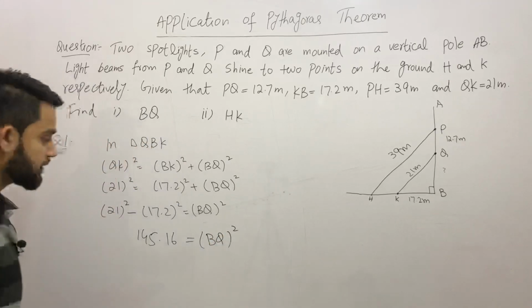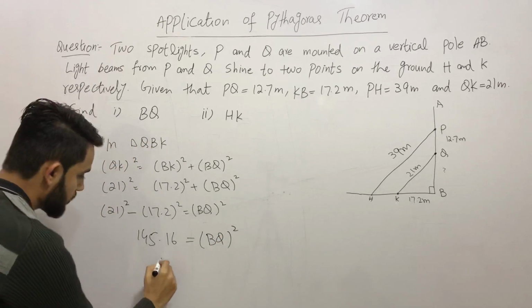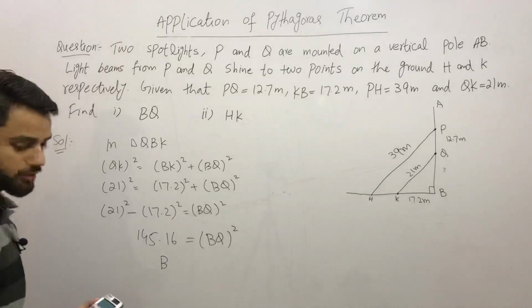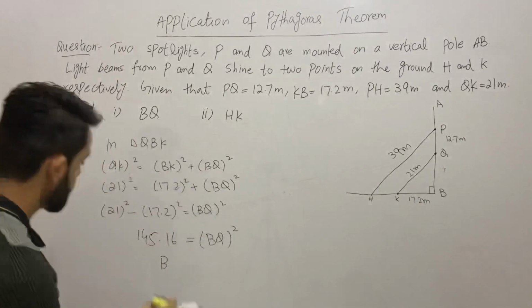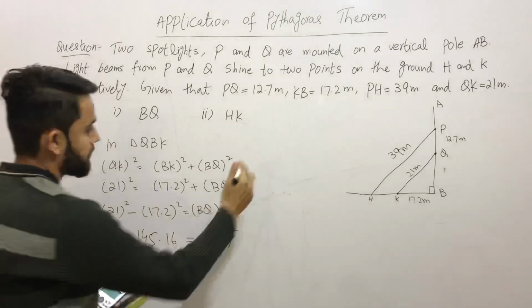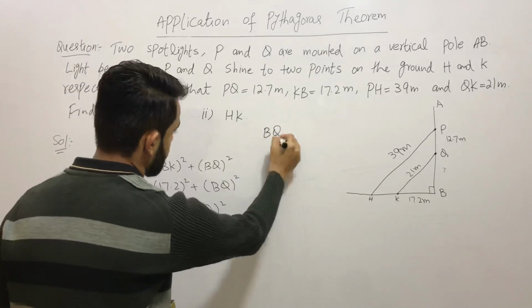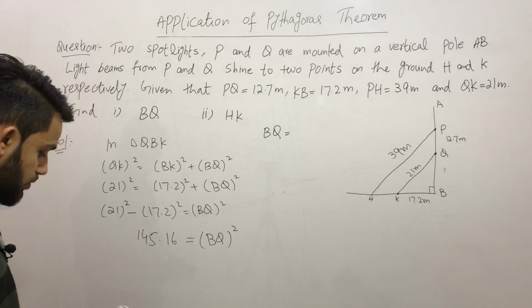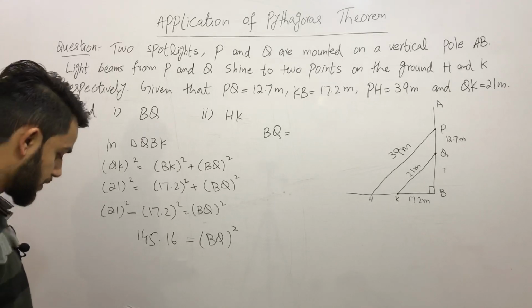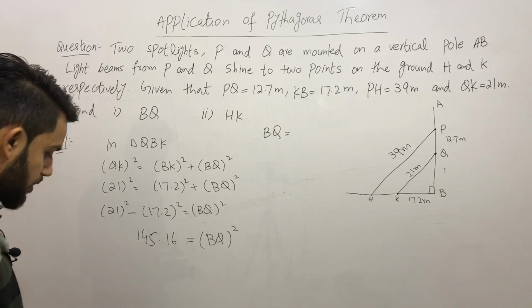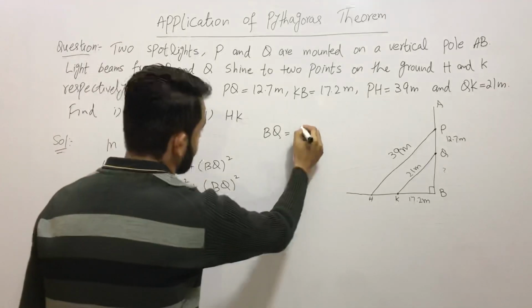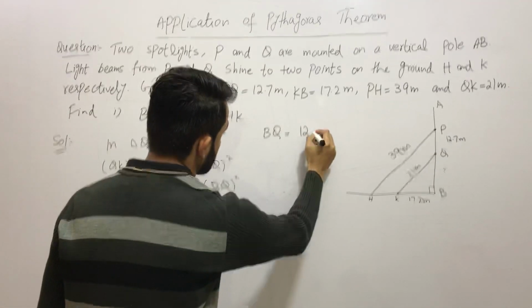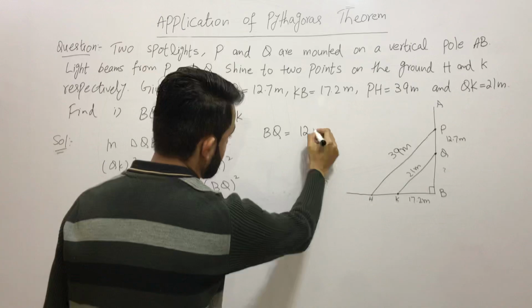So once you take the square root on both sides, BQ, once you take the square root of 145.16, it will be 12.04. So I'm rounding it off to 12 meter.